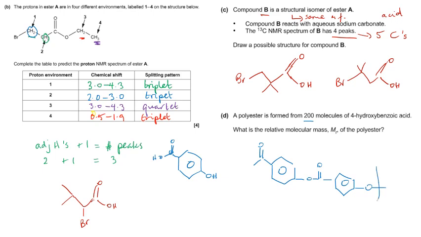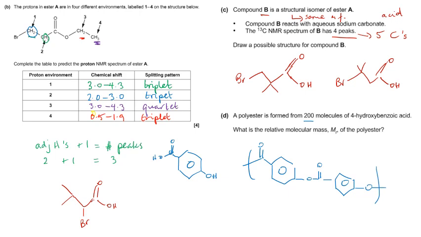Right, so let's draw our brackets here and here. So we've made a polymer out of 2 units here. So first of all, we need to think what's the MR of 200 molecules of 4-hydroxybenzoic acid.